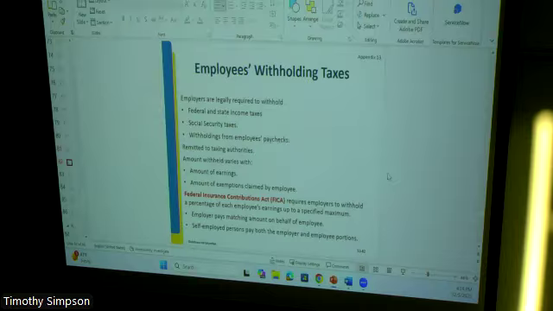That's for the Social Security piece. 1.45% is Medicare tax from the employer and also from the employee. Now the Social Security amount will max out at a certain dollar figure that's indexed every year for inflation, but most workers don't reach that maximum cap. There are also unemployment taxes that are collected, both state and federal. Without getting into all the mechanics of this, we do cover this in business math here in Business 1180.